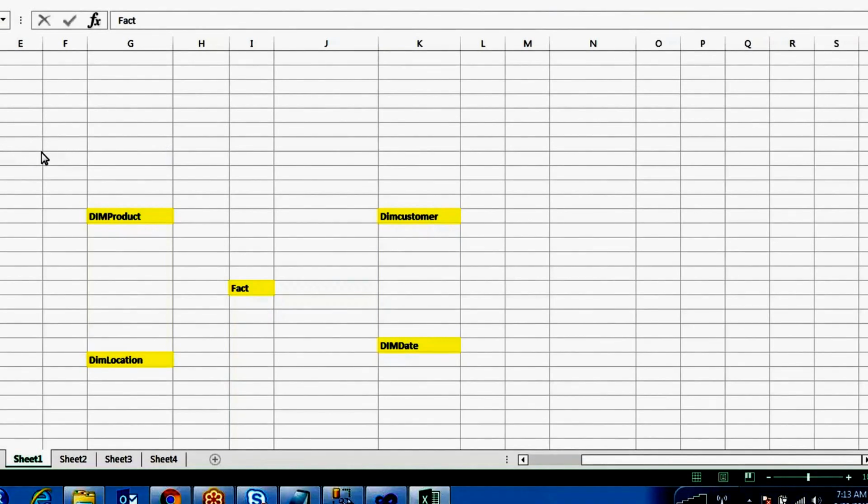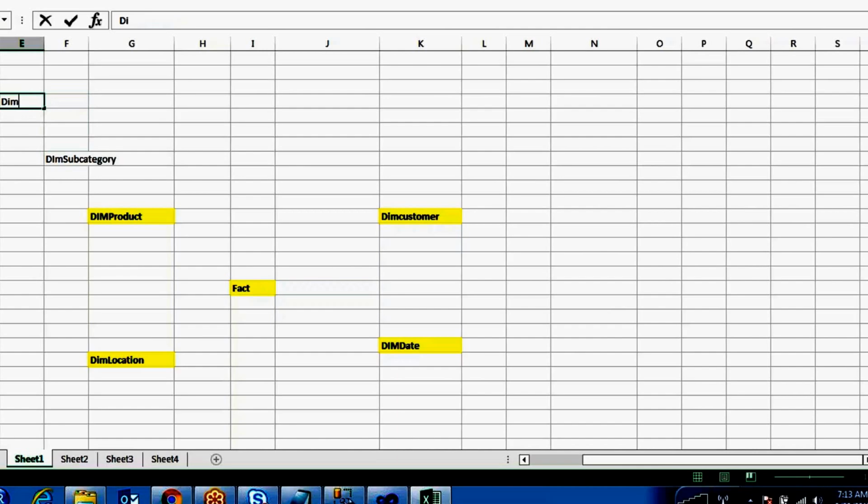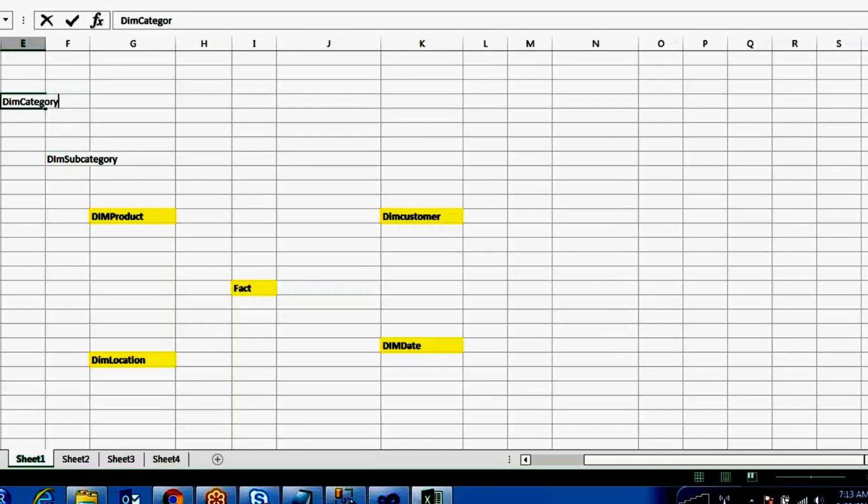One is a dim subcategory table, and one more table, that is the dim category table.